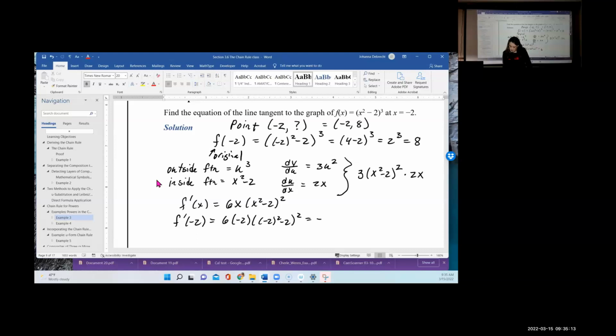So when we substitute, we get -12 times 4 minus 2 squared, which gives us -12 times 2 squared, which is -12 times 4, which is -48, right? So we have the point -2, 8, and the slope of the tangent line is -48.